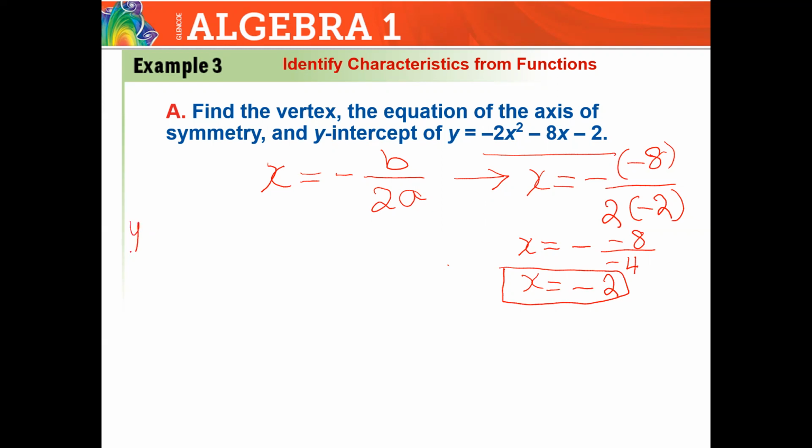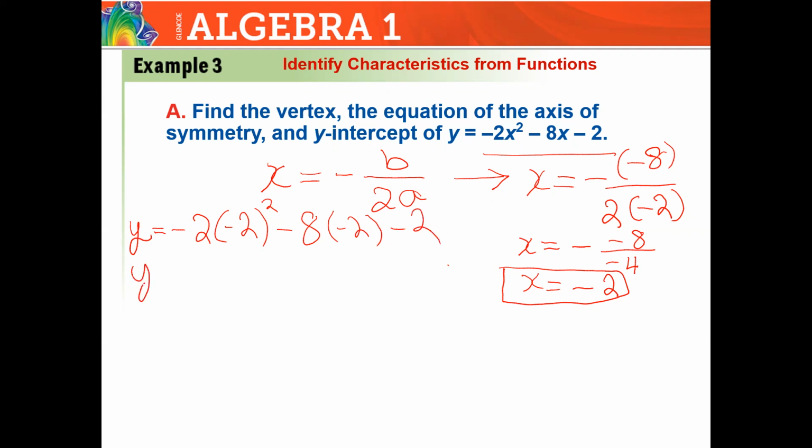So y equals, we know x equals negative 2. So y equals negative 2 multiplied by negative 2 squared minus 8 multiplied by negative 2 minus 2.